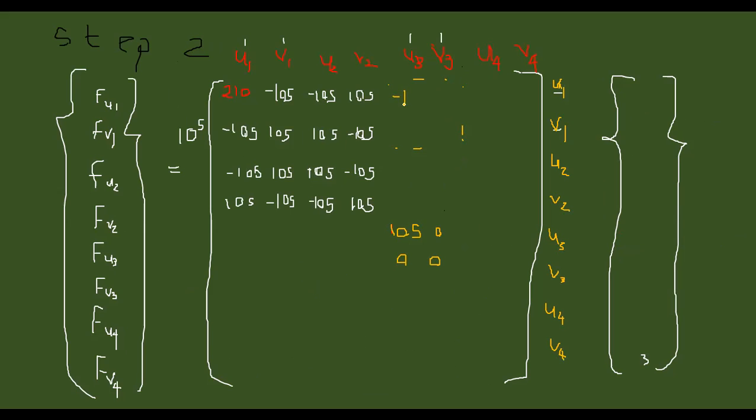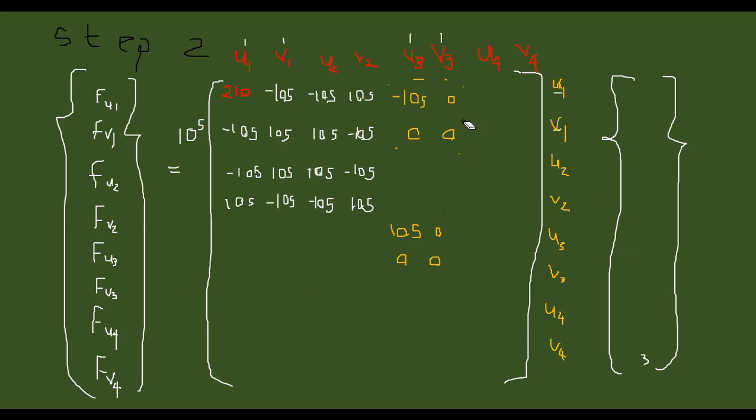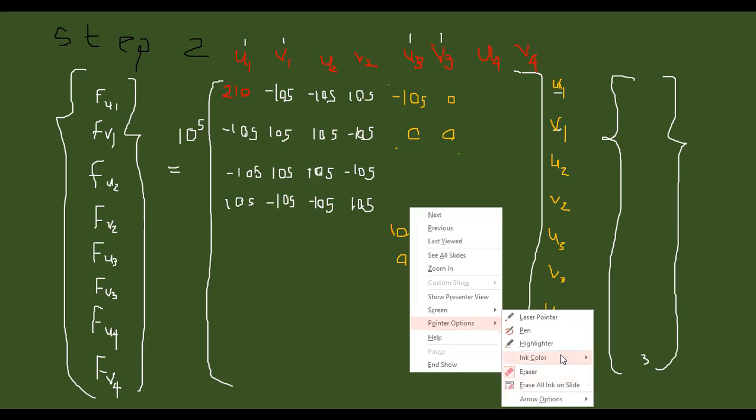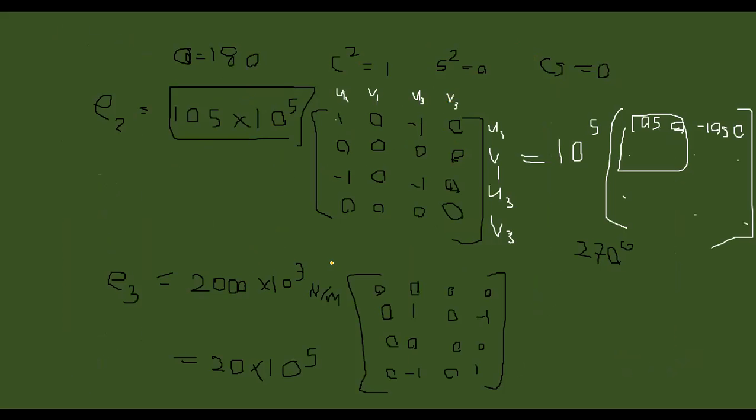So that is negative 105, 0, 0. Likewise, you can place all the elements, since it is symmetric, the 4 elements are going to be here.